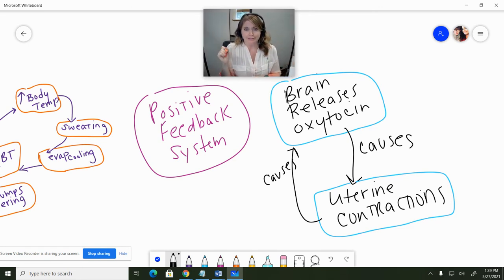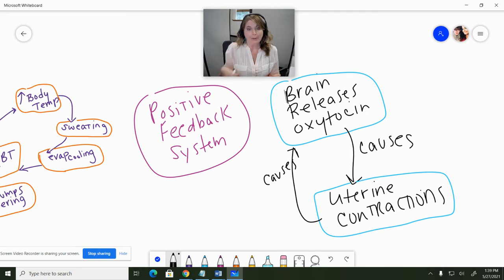And so basically, during the process of childbirth, the contractions just get more and more intense as time goes on until the baby is delivered. Once the baby is delivered, the delivery of the baby slows down the uterine contractions, which slows down the release of oxytocin and eventually stops it altogether and the contractions stop.